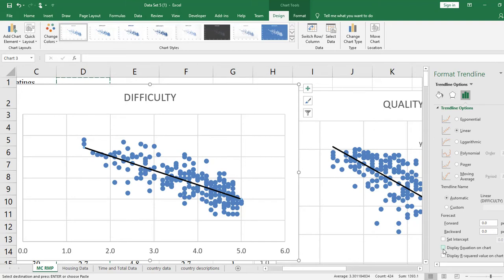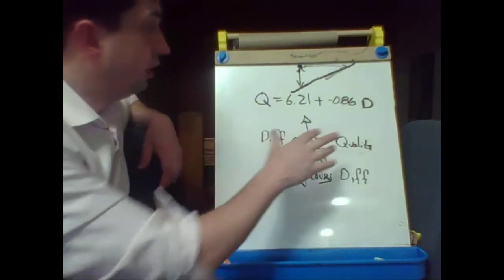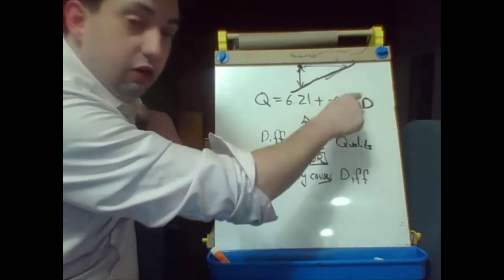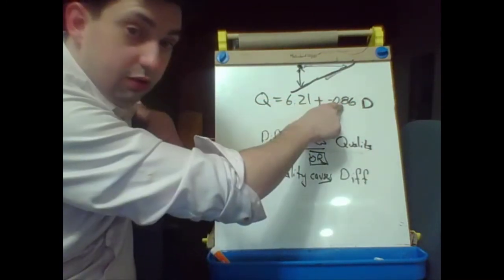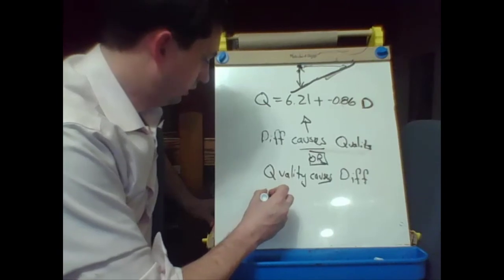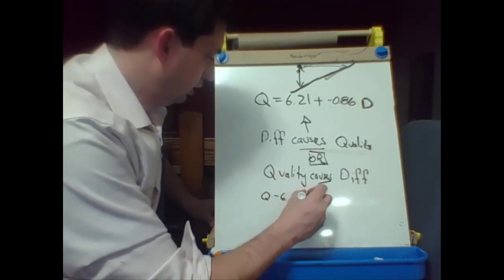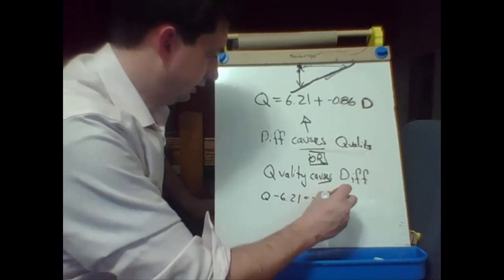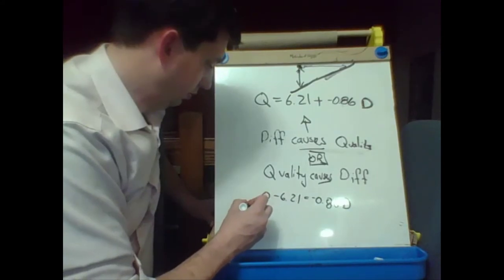Now, before I hit display equation, think about what this would be if we just isolated D. That means the value here that will be multiplied by Q will be 1 over this. It would be Q minus 6.21 equals negative 0.86 D, and then we divide, and so that would be 1 over.